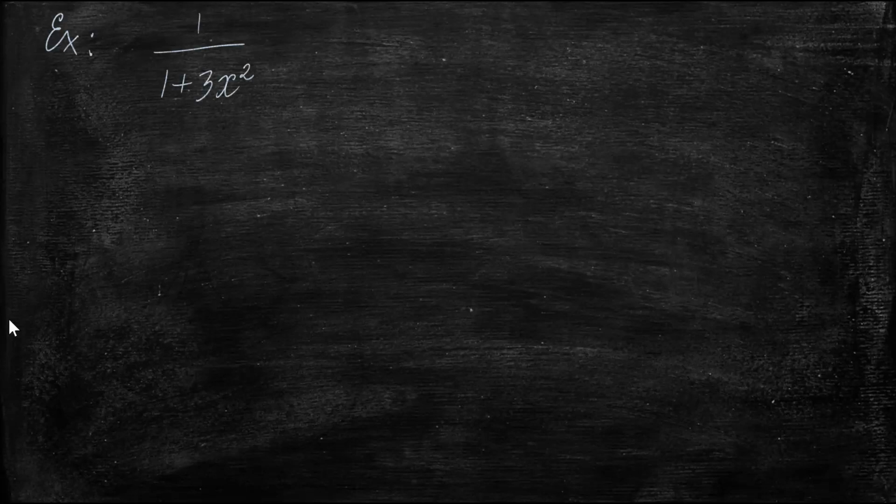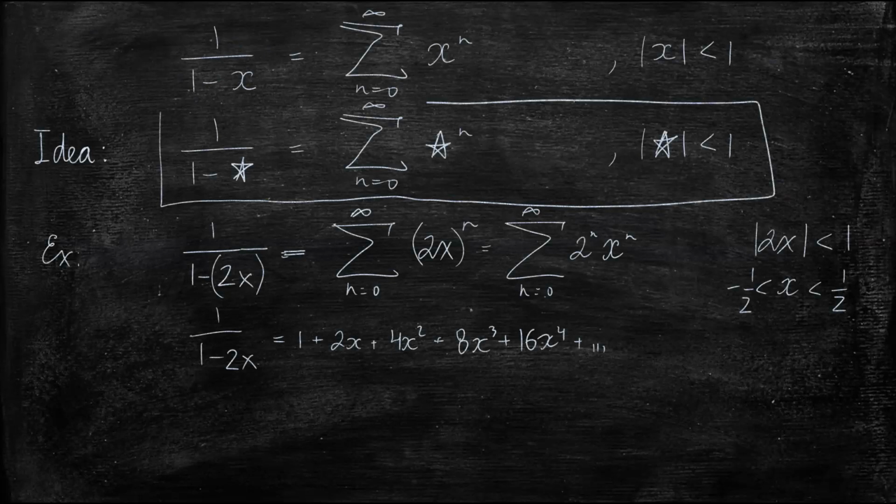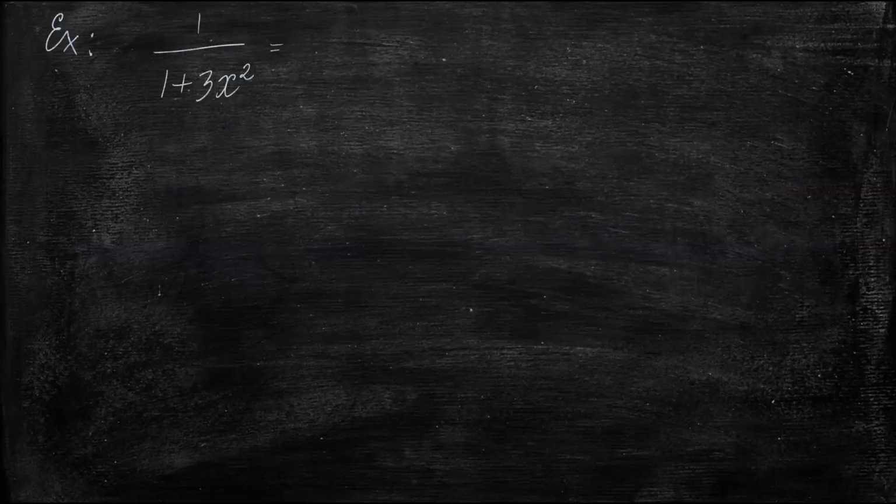And again, what is the star equal to, or should be set equal to, in this pattern in order for us to take advantage of this pattern and figure out the power series for this function. So maybe press pause for a second and think about it, but the answer is negative 3x squared.